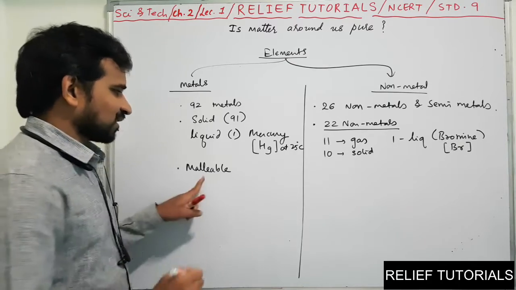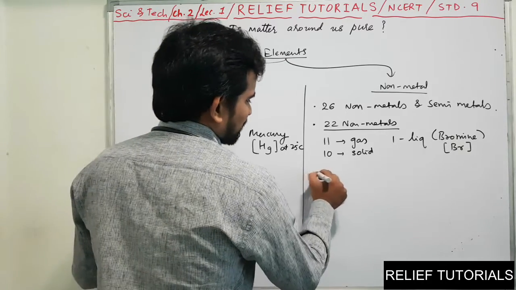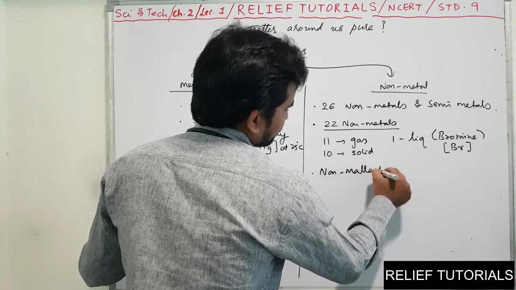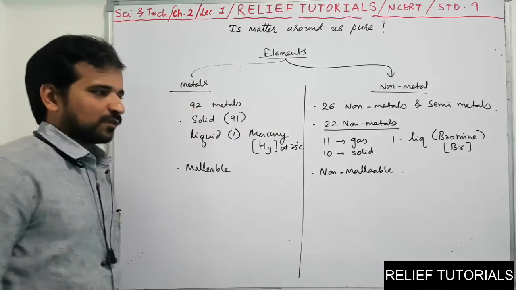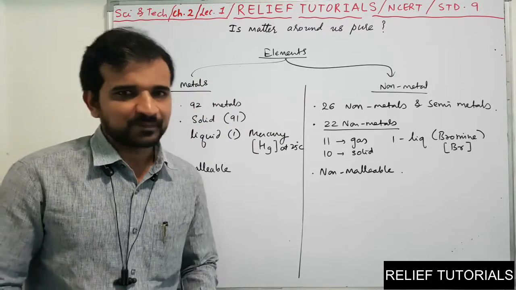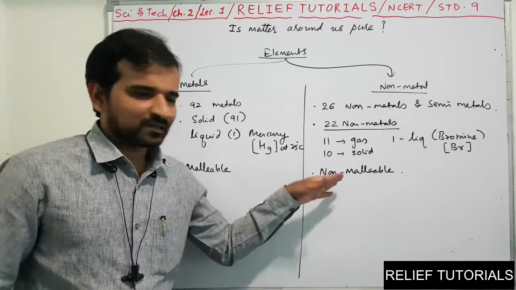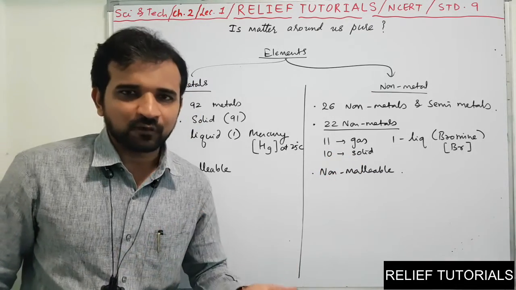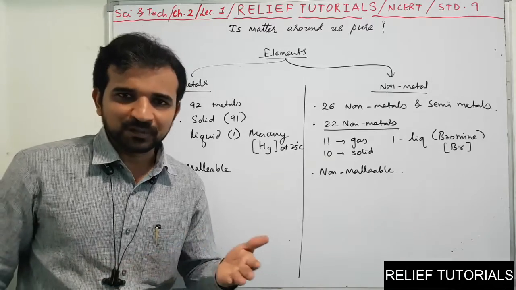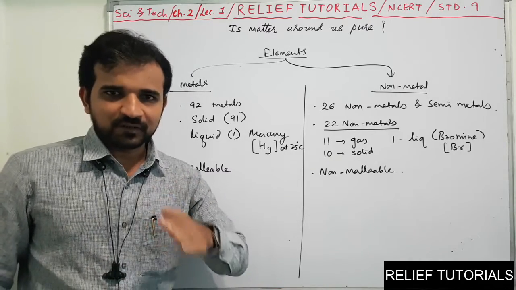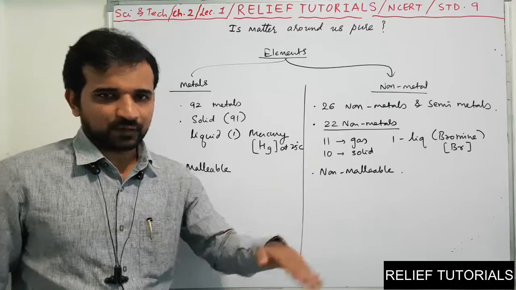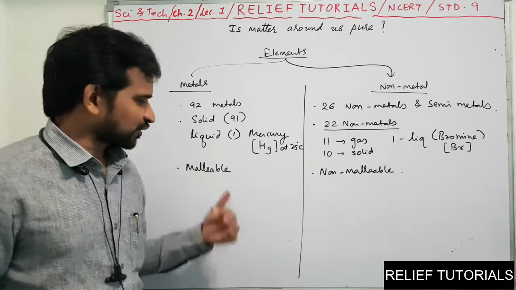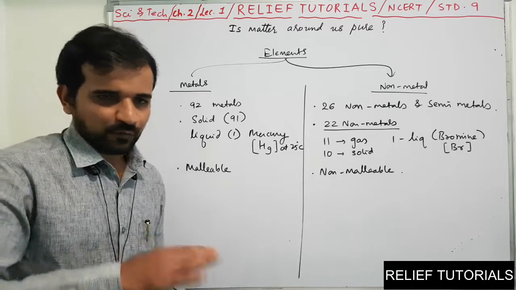So normally metals are malleable and non-metals are non-malleable. Non-malleable means they cannot be hammered. If you try to hammer the solid non-metals, they will be converted into powder form. They will be broken into pieces. It will not be converted into thin sheets or foils, whereas metals can be converted into thin sheets or foils.